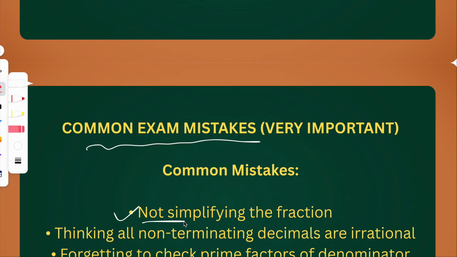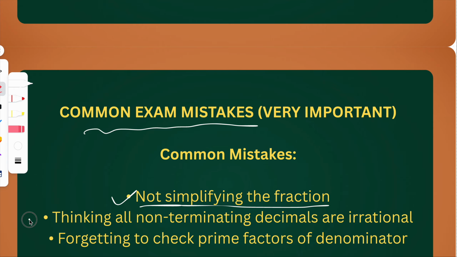Second is thinking all non-terminating decimals are irrational. That is a blunder which students generally make, and that is not the criteria. Non-terminating repeating decimals are basically rational. I've told you earlier that non-terminating repeating decimals are rational.